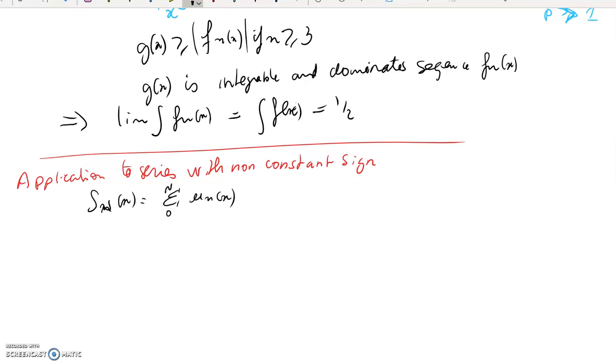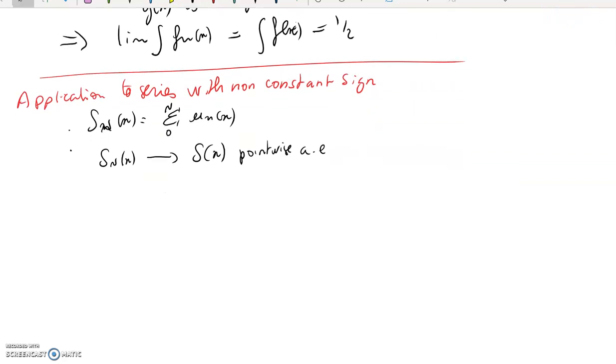Now we will need to have some pointwise convergence, just as before. So Sn of x converges almost everywhere to some value s of x pointwise, almost everywhere.